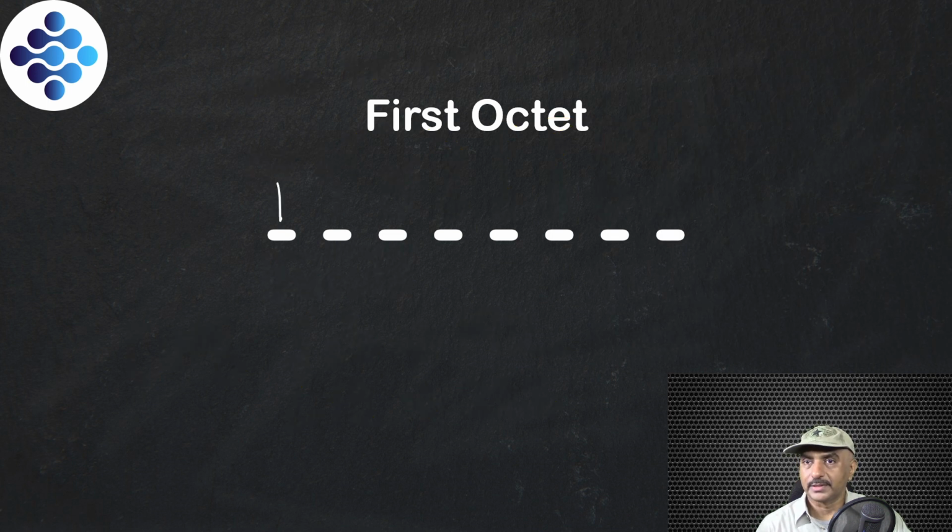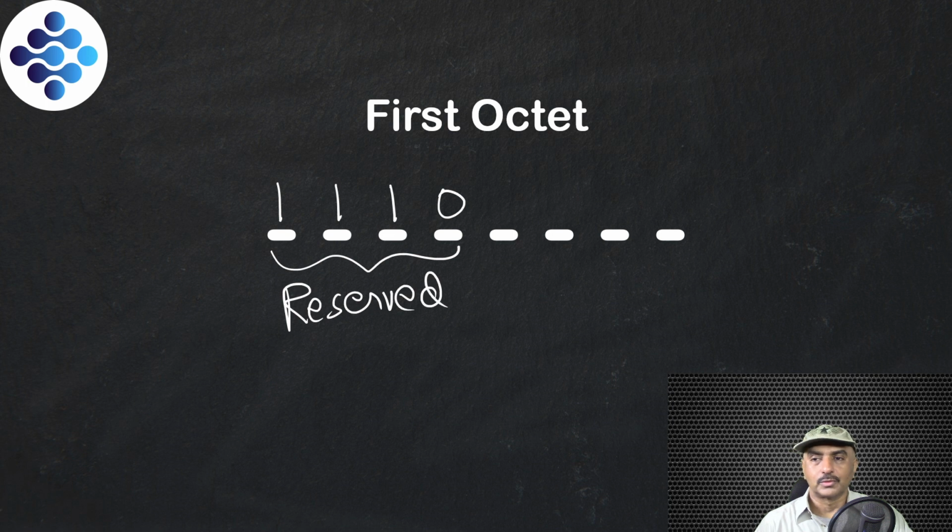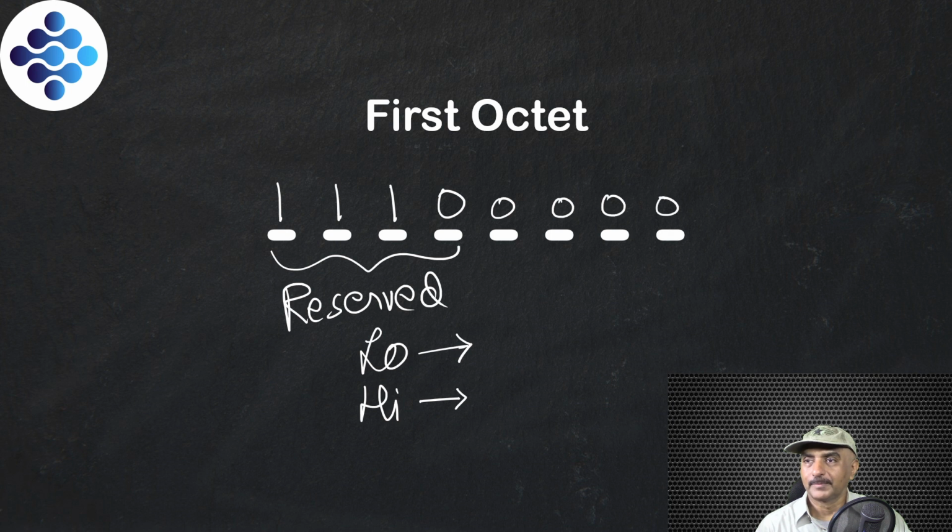Now let's say we reserve 1, 1, 1, 0. This is reserved. So what would be the lowest and what would be the highest number? Just pause the video and write down the figures. So we put all zeros over here. So this is 128 plus 64 plus 32.